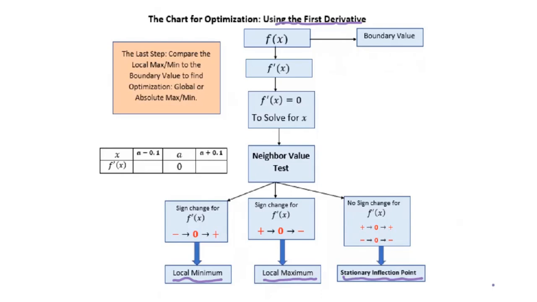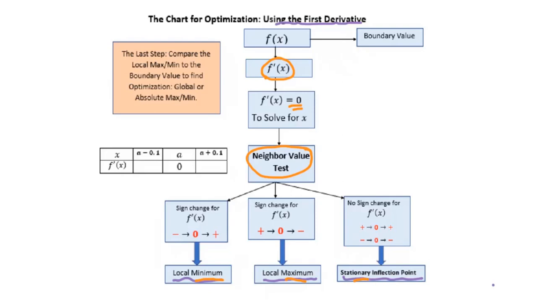We will use the so-called neighbor value test to decide whether the stationary point is a local maximum, a local minimum, or a stationary inflection point. Here are the steps. You get the derivative first. Then you set the derivative equal to 0 and solve for the zeros, or the roots.